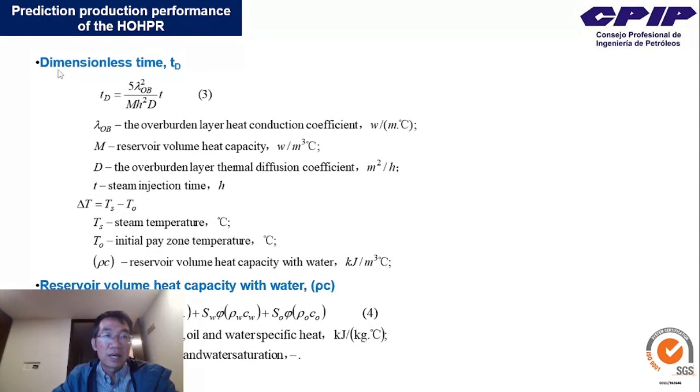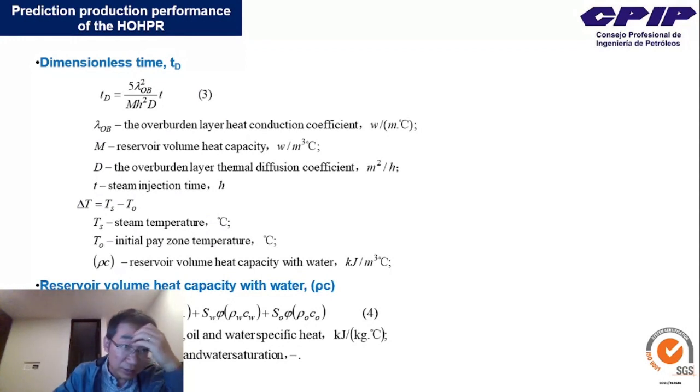The dimensionless time is TD. TD is formulated here, 3-1. The lambda OB is the whole overburden layer heat loss coefficient. M is the reservoir volume heat capacity, and D is the overburden layer thermal diffusion coefficient, and T is the steam injection time.